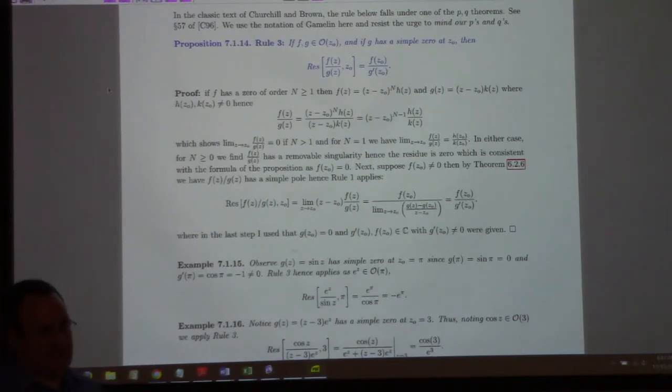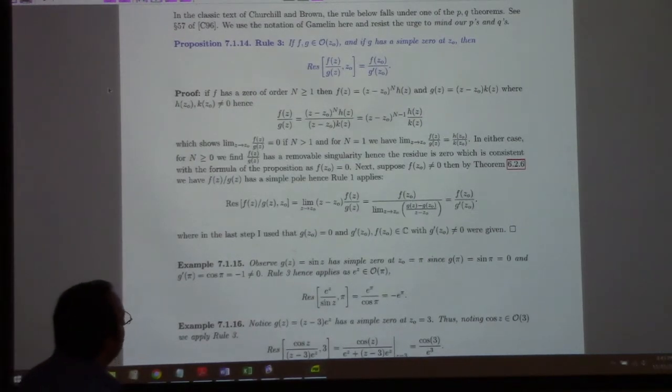The fact that it's just got x there means it's a simple 0. In contrast, f of x equals x squared has a double 0 at 0. So simple 0 means there's just one copy of the factor. It doesn't have any multiplicity. And so if g has a simple 0, and we also need to know that f is analytic at z naught, then you can just calculate the residue by taking f of z naught divided by the derivative at z naught.